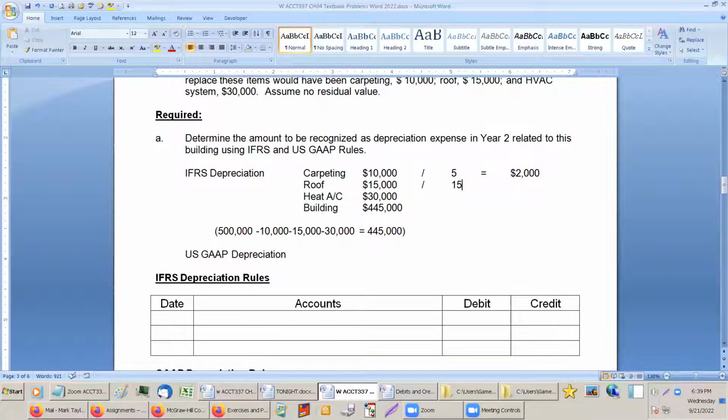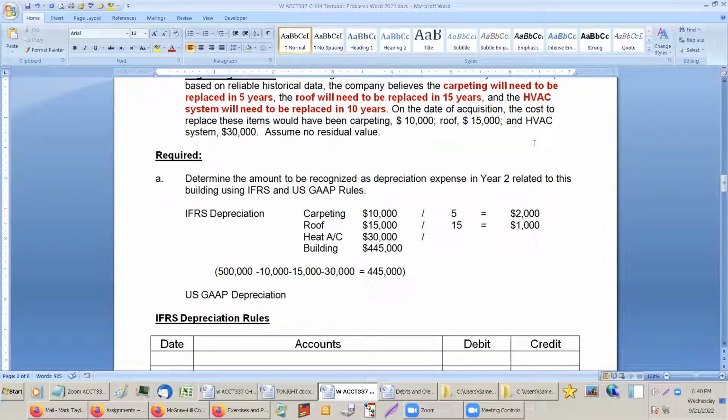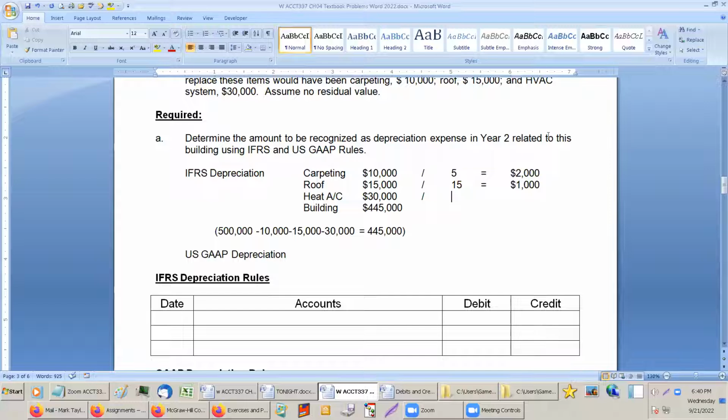By the way, what you get on your test will be similar to what these are, similar to the textbook problem. The heating and air conditioning system is for 10 years, so 3,000.